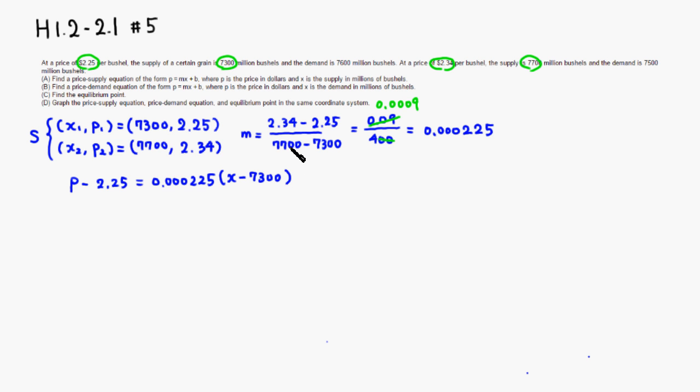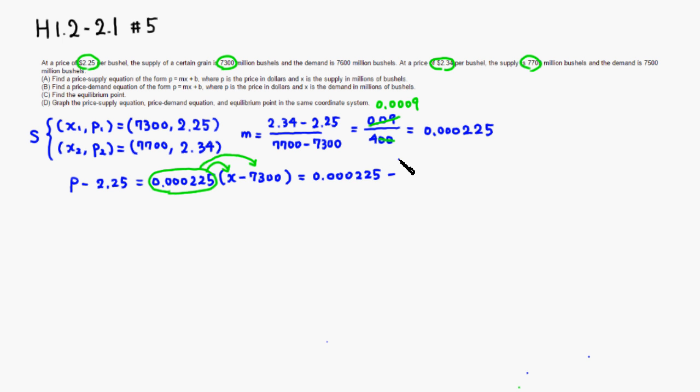We want to write it as P equals mx plus b, so we have to multiply it out. Applying this to x, we get 0.000225x, then we apply it to negative 7,300.